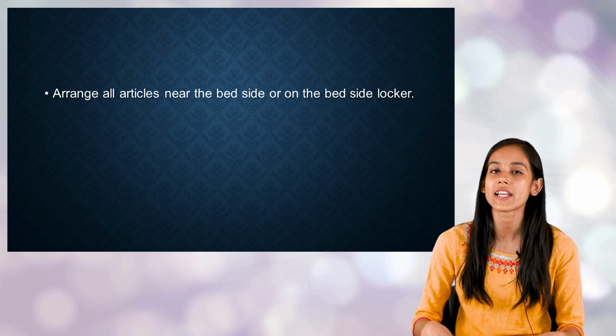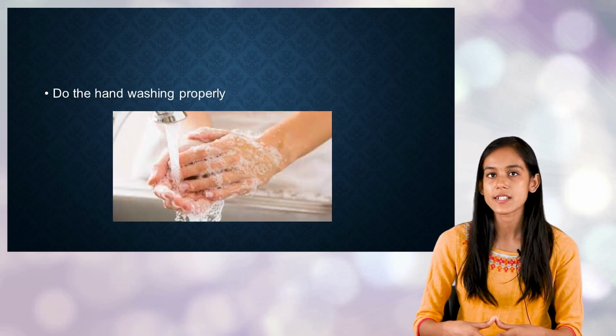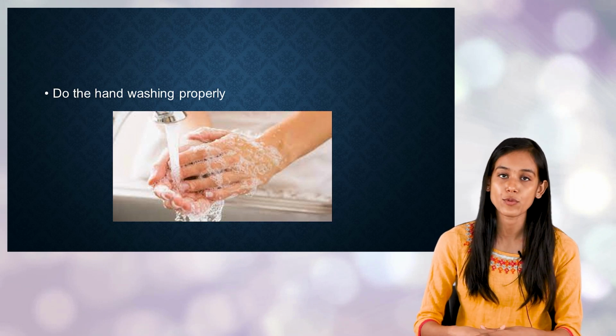Then we are going to arrange all the articles near the bed. After doing this, you have to go for your hand washing. You have to follow the proper steps of hand washing, which I think you are already aware of.